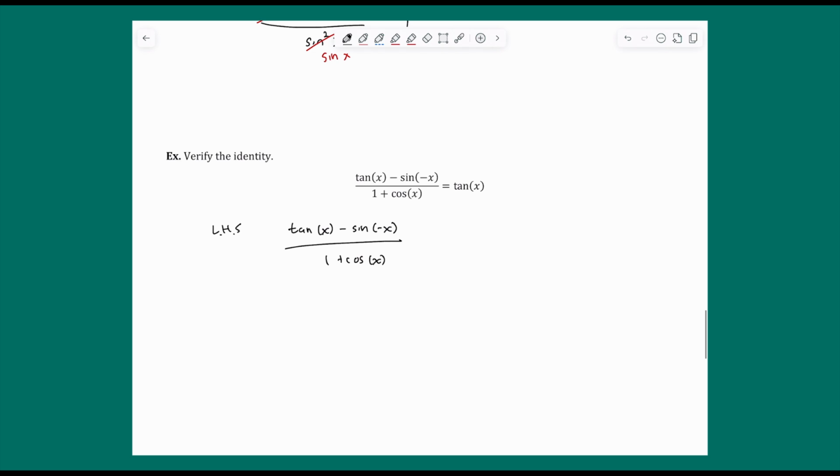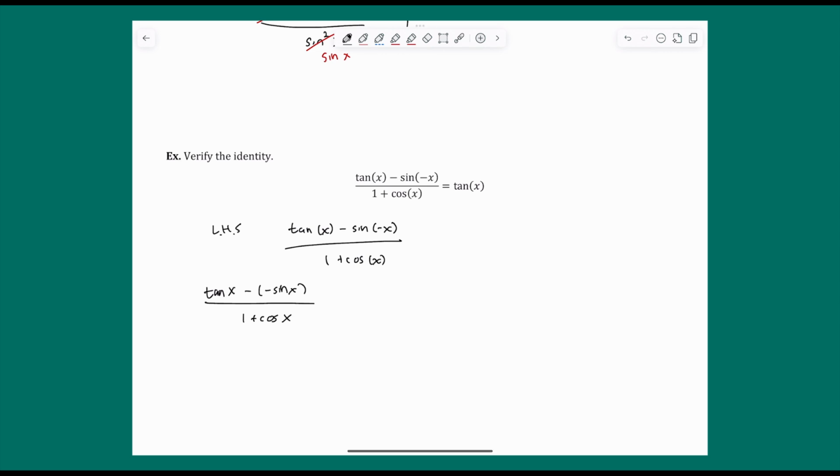All righty, well, sine is what we call an odd function, which means we would have tangent of x on top there, but minus, well, times a negative sine of x, because the negative will pop out. And so what does that give us?